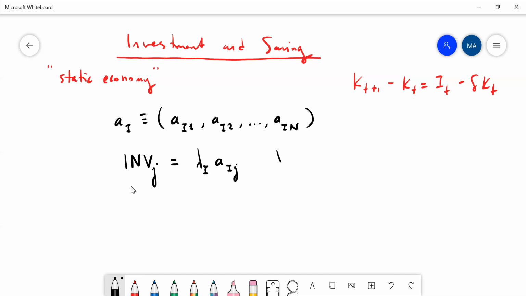Okay, so what is that? Now, lambda I will be called investment level.